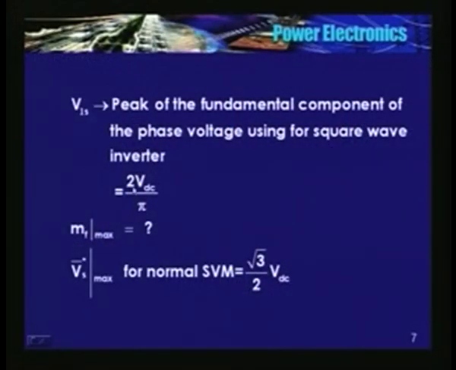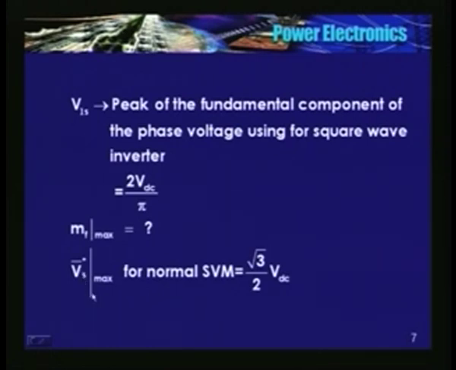Now what is V1S, or in other words, what is the peak of the fundamental component of the phase voltage got using a square wave operation, okay, that we have already calculated in maybe last lecture. We found that it is 2 VDC by pi. Now what is V1SP?